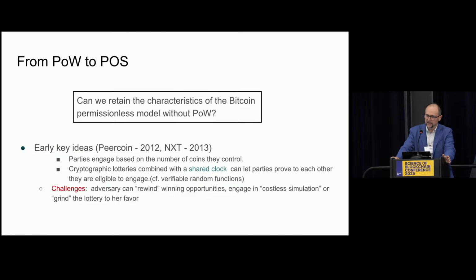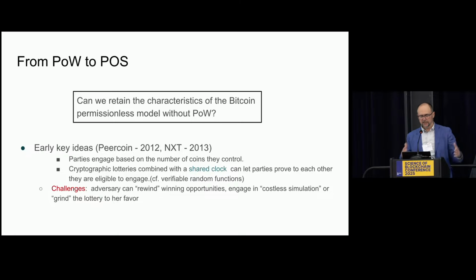Specifically, parties should engage on the basis of the number of coins they have, so that's their resource, and furthermore, some type of cryptographic lottery based on the concept of a verifiable random function is the key primitive that lets parties prove to each other that they're eligible to engage in the protocol.